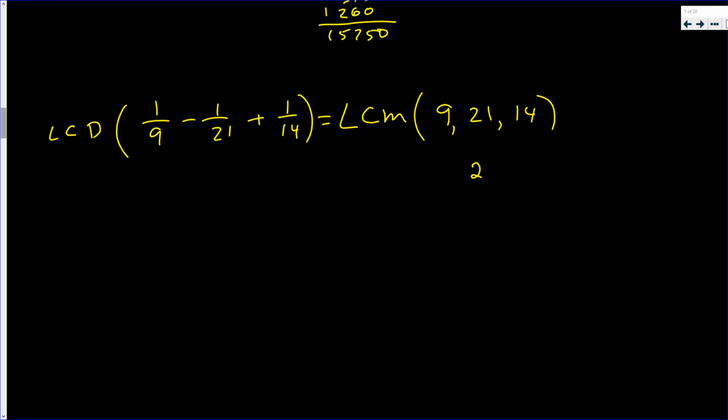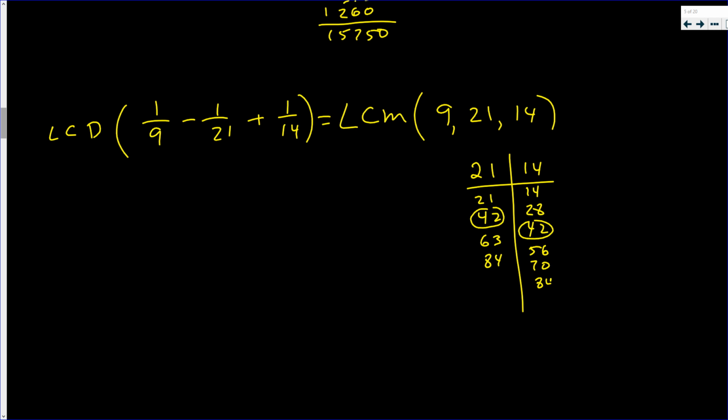Let's find the LCM of 21 and 14. 21, 42. 14, 28, 42. Okay, so notice that these are going to repeat at multiples of 42. For example, 63, 84, 56, 70, 84.